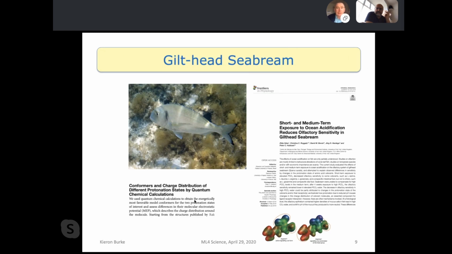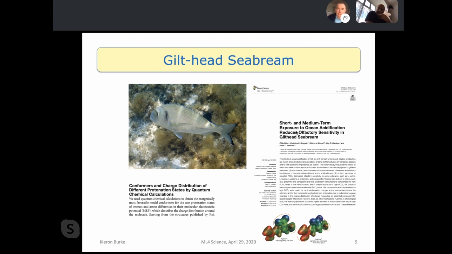Now, this is a picture I grabbed from a different talk that I give often, talking about climate change and how people now do DFT calculations for the parameters that go into some of these climate models. But I like this one because of the beautiful picture of the fish. This is from an important journal in physiology, Frontiers in Physiology. Most of the paper is about farms for this fish.